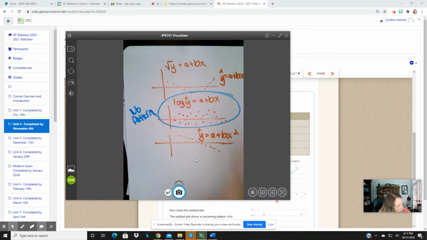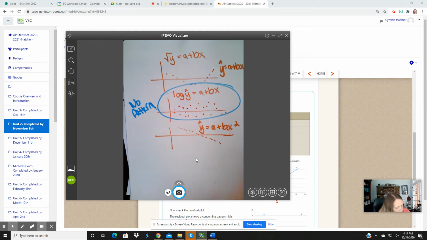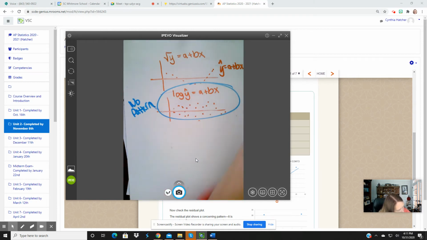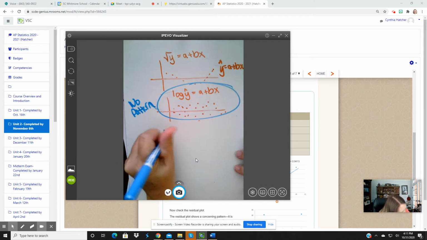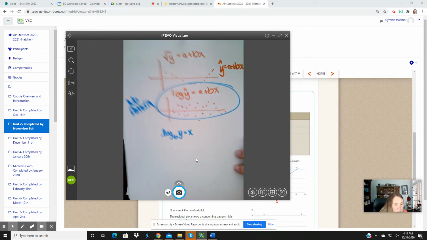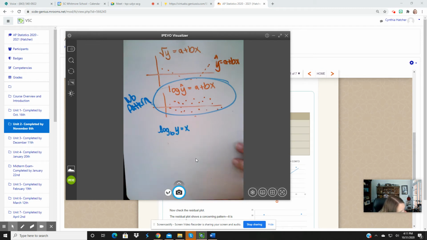This is something that I put a little reminder on the top of the screen for. When you were in either Algebra 2 or Pre-Cal, you should have learned logarithms. You should have learned that you can rewrite them as b to the x equal y.